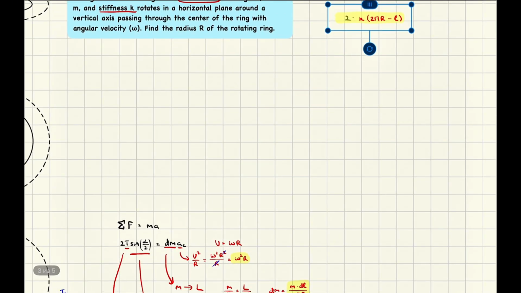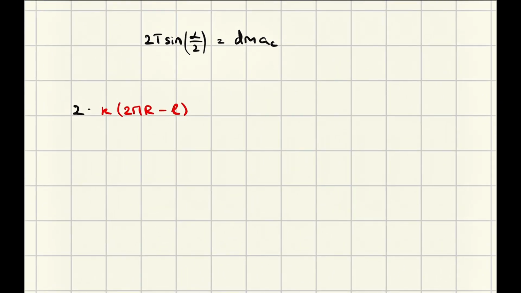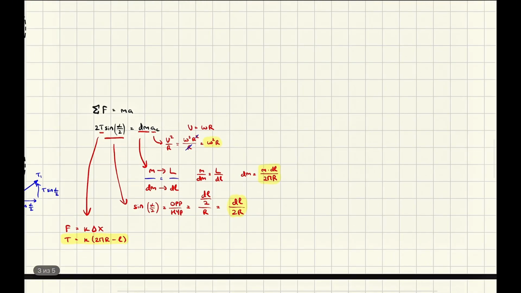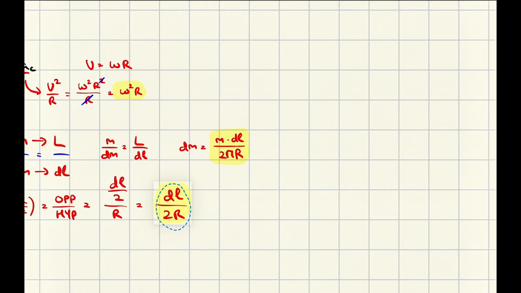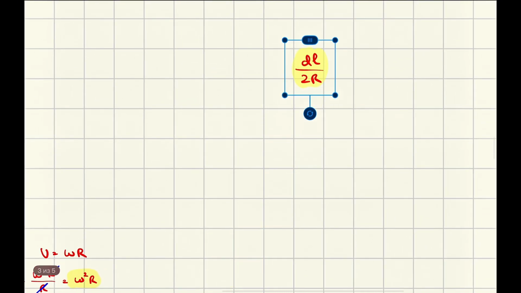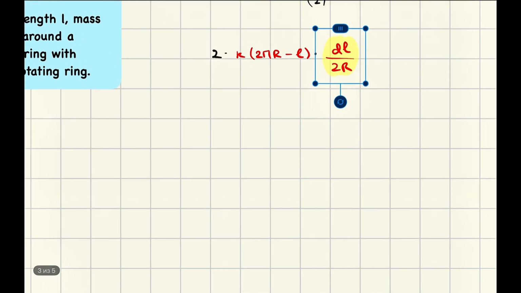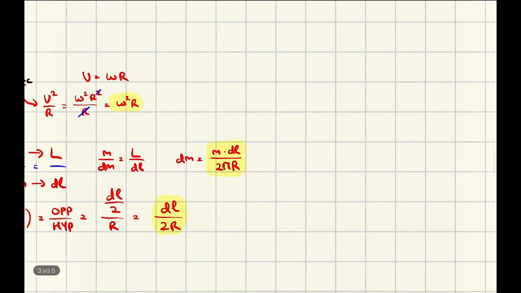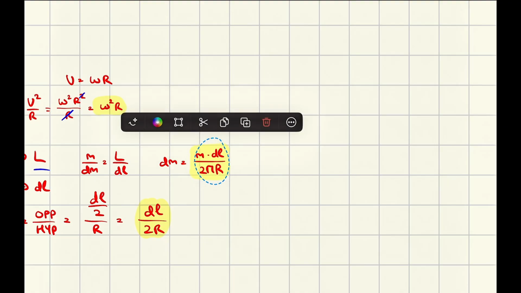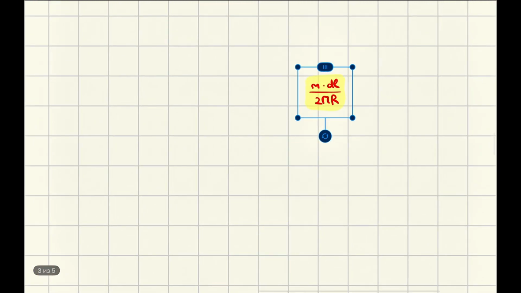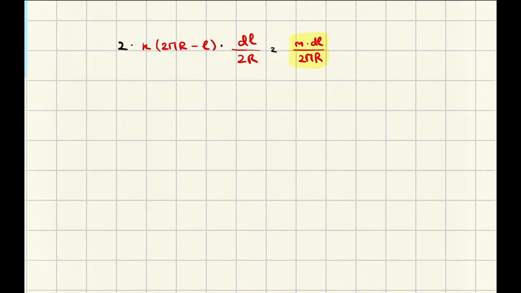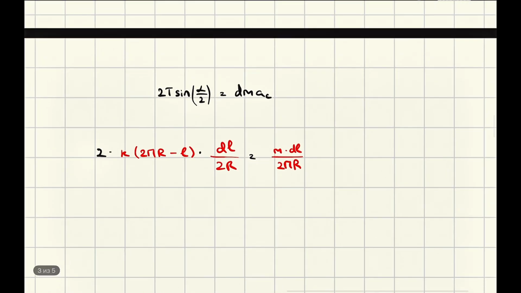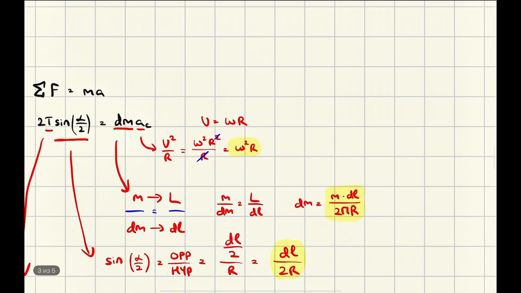It would be here, multiplied by sine alpha divided by 2, which is here, this thing. Then we have here our dm, which is this part. And the last thing, but not least, it's the centripetal acceleration, which is right here.